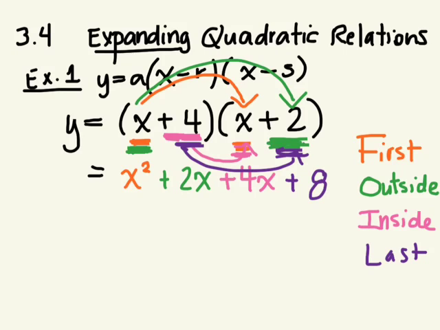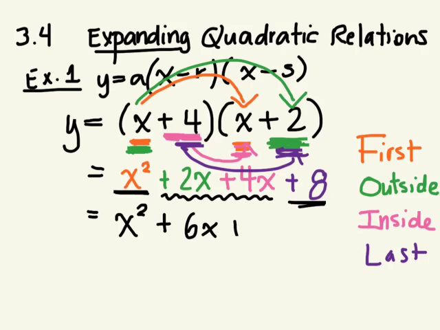So now we have to combine our like terms. What's a like term? Anything that has the same variable and same exponent. Are there any other terms that have an x squared? No. So that stays as is. Can I add 2x plus 4x? 6x. Good. Can I add 8 to anything?